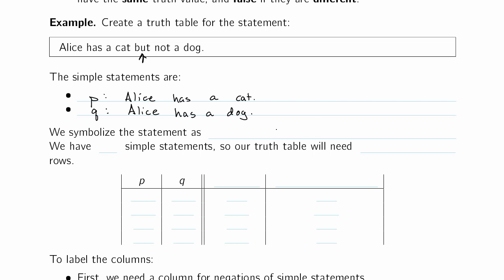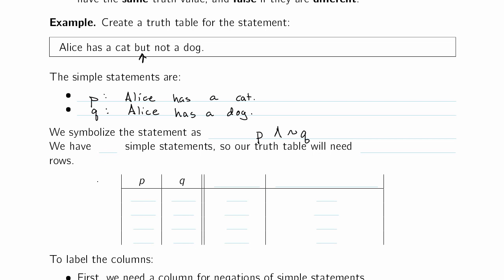So this is actually going to be an and statement. And what? Well, Alice has a cat, that's before the and, so P. And not a dog. Alice does not have a dog. Not Q. That's our symbols for the statement.